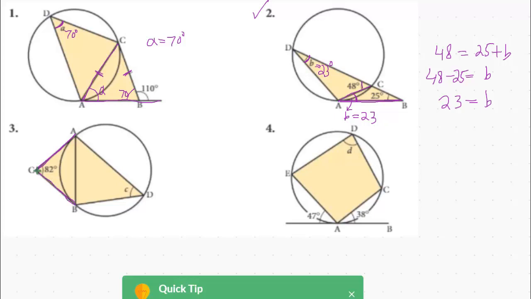And according to the circle property, two tangents which come from a point outside the circle have equal length. So these two lines are equal in length. Therefore this is an isosceles triangle. So these two angles are equal.